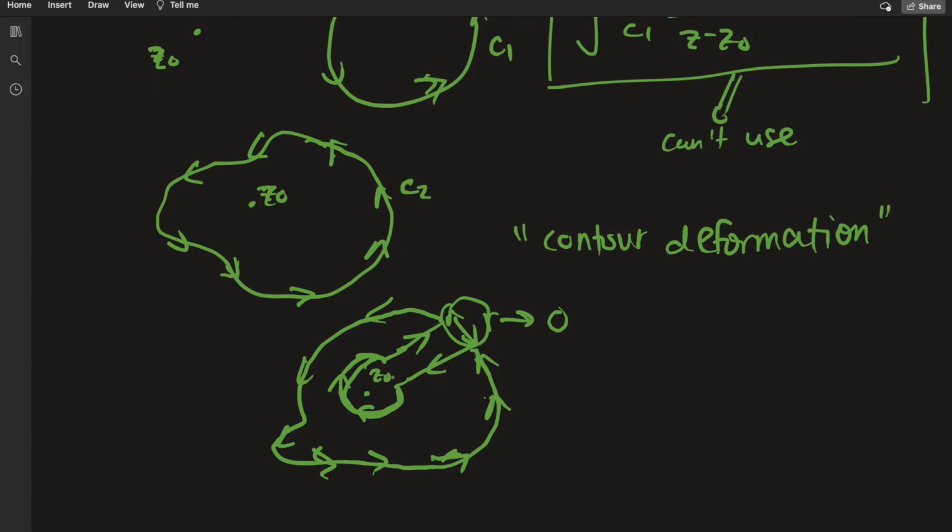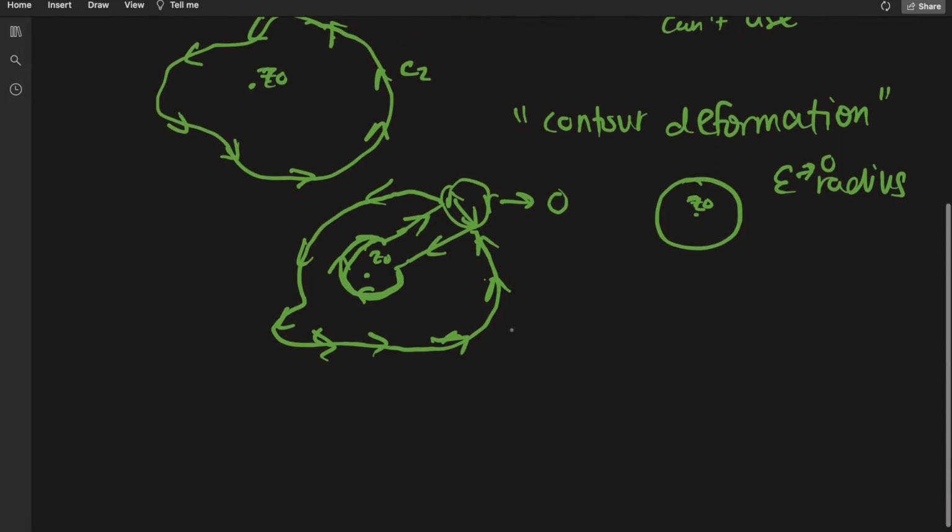There's not going to be an open space in the circle. I made a circle because circles are easiest to parameterize. You get a closed circle like this, and I want the radius of this circle, call it epsilon, to go to 0, because we didn't have a circle in here originally. We're introducing these things, so they have to go to 0. Otherwise, you're working on a different contour, doing a different integration.